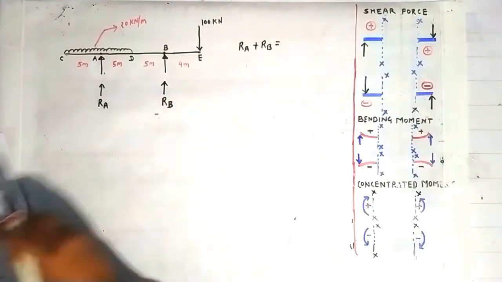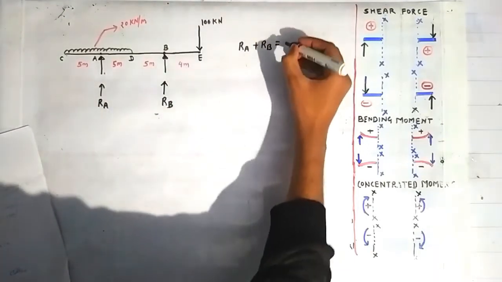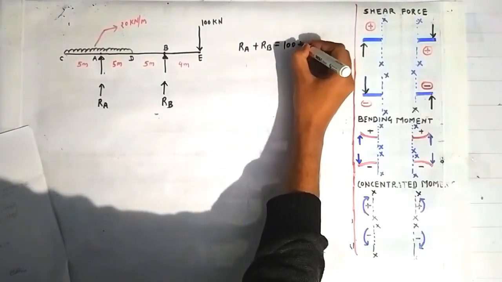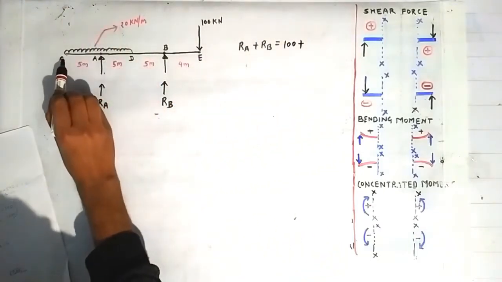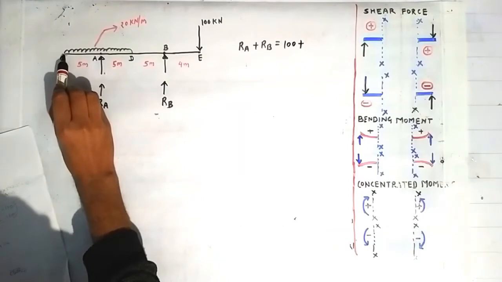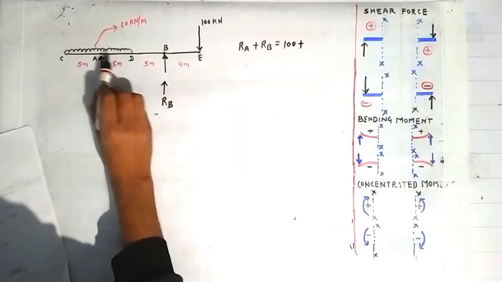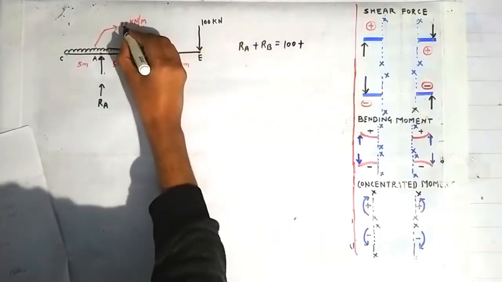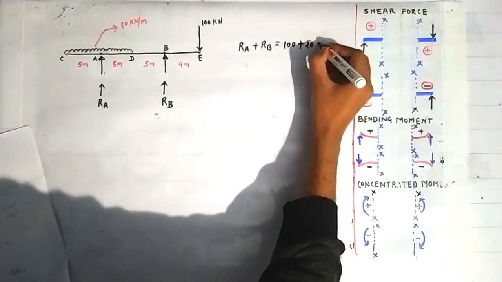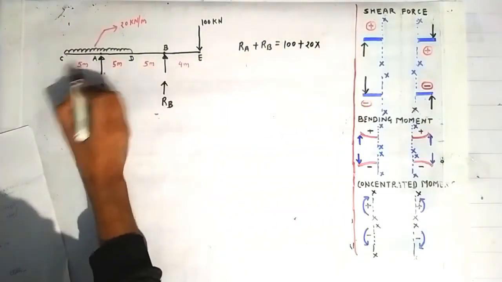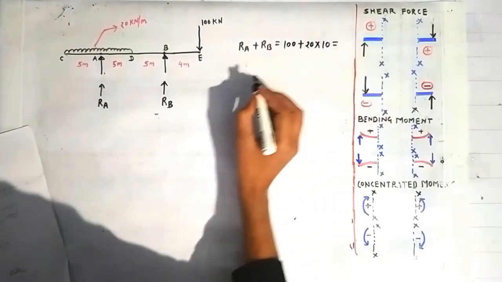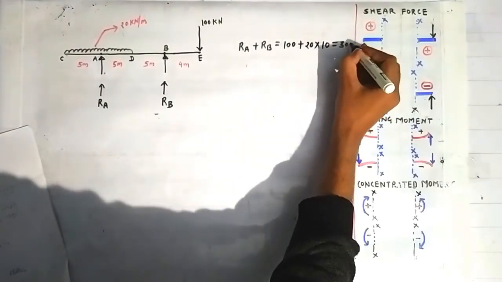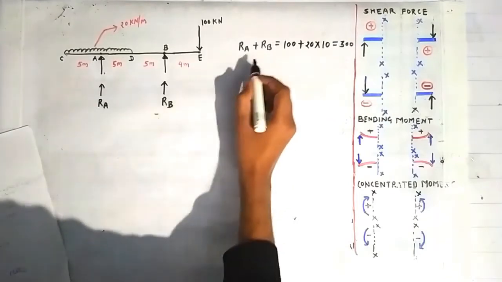So the net vertical load will be equal to this 100 kN, plus the load intensity 20 multiplied by the total span over which this UDL is acting, which is 5 plus 5, that is 10. So 20 into 10 gives us 200, and the total is 300 kN. So 300 kN is RA plus RB.